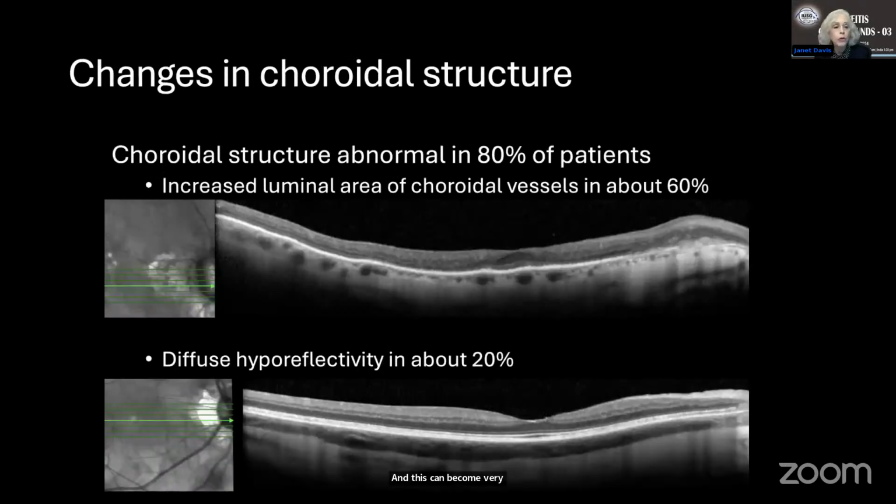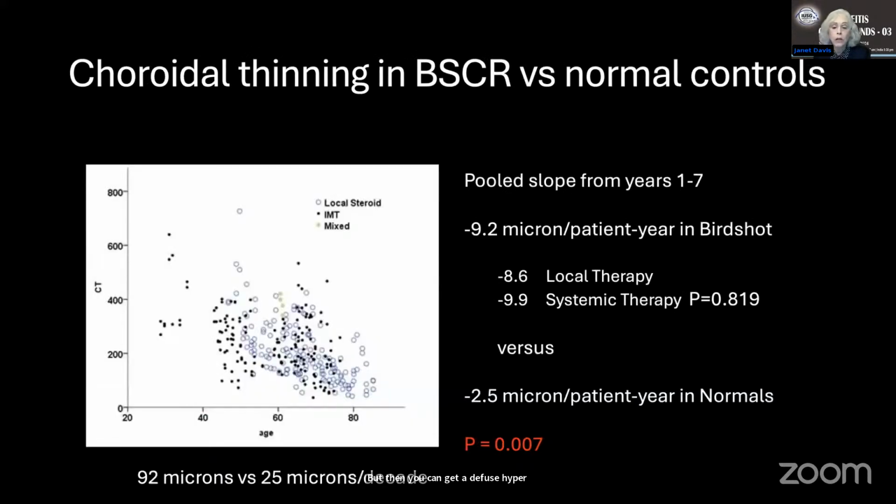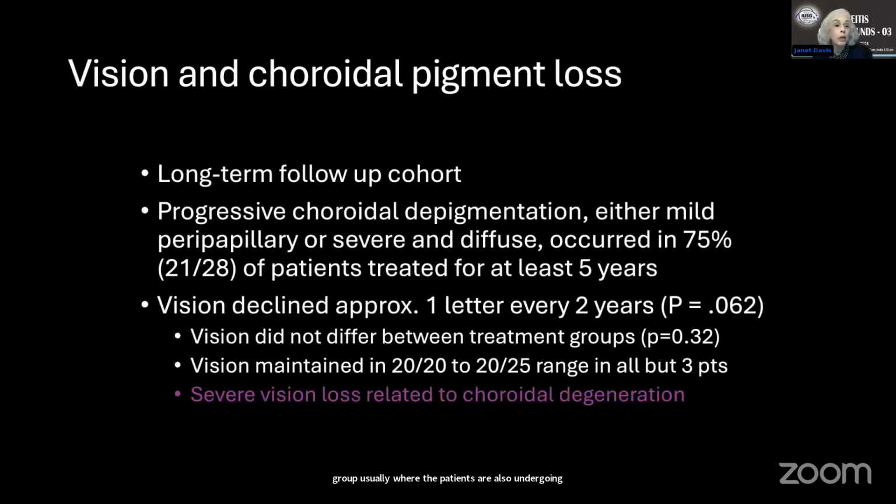We also see choroidal structure changes, as was mentioned. You initially would just see that the choroidal vessels look more prominent. There's an increased luminal area, but then you can get a diffuse hyperreflectivity and thinning. And we actually looked at this, and the rate of choroidal thinning in birdshot is greater than in normal controls. This is an age group usually where the patients are also undergoing aging changes, and I think that this is also quite damaging.